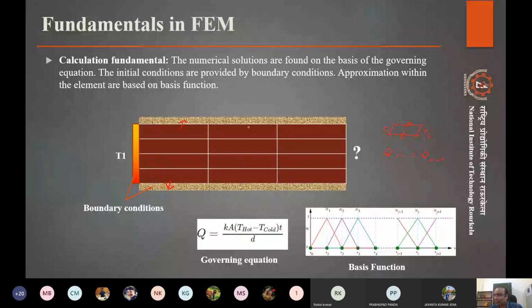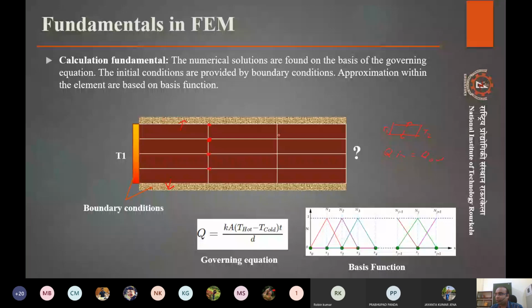On the basis of that, for each element we can find what the values are, and each of these nodes will have a particular value of what will be the temperature or how much heat will be reaching this point and so on.